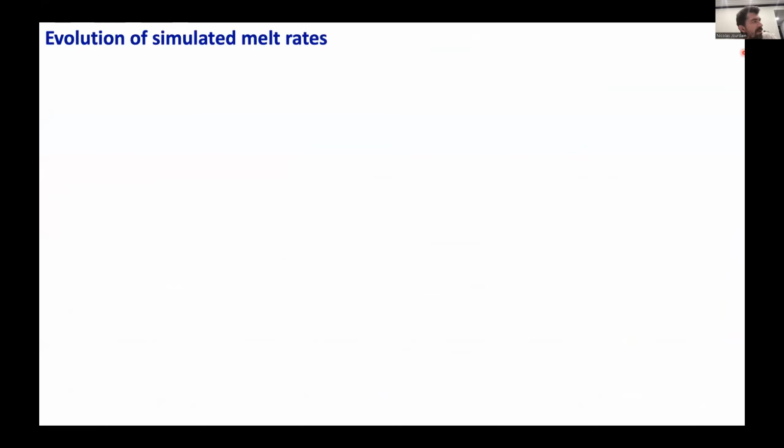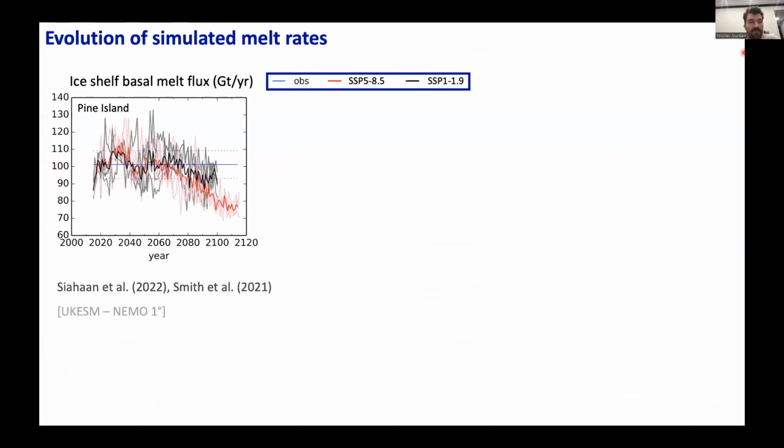So, okay, it's nice to be able or not to represent the melt rate pattern, but if we think about climate projections, it's also very important to know if the models are able to simulate the evolution of the melt rates. Here I'm showing a plot from a paper by Anthony Sayahan and colleagues, based on what I think is the first Earth system model coupled to both the Greenland and Antarctic ice sheets.